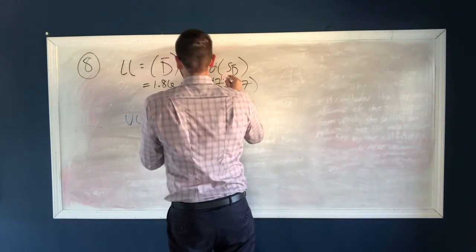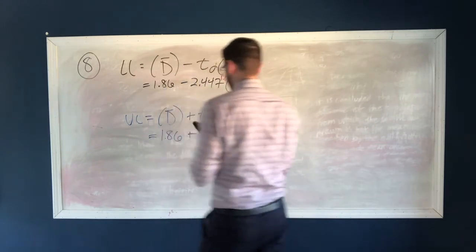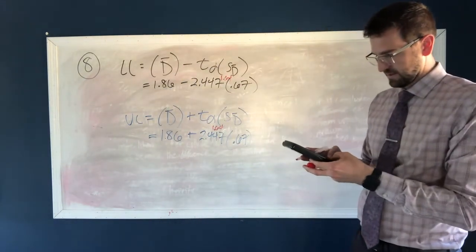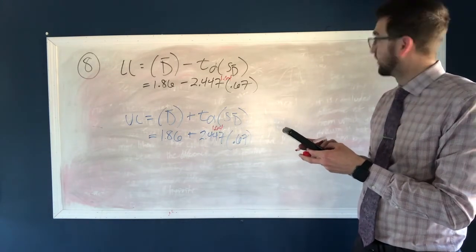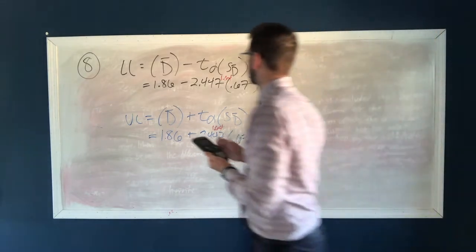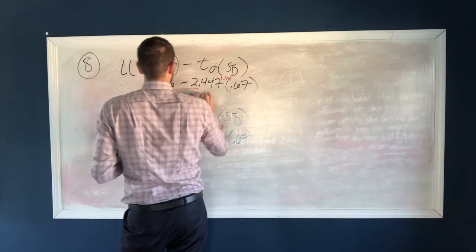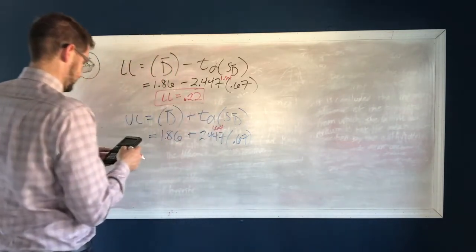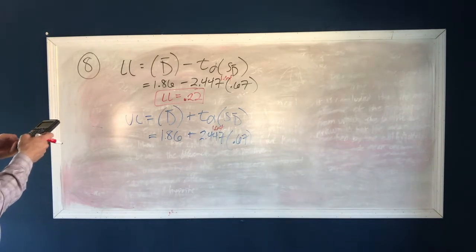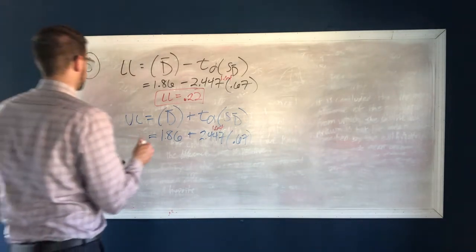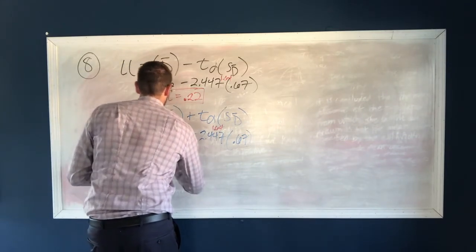This is going to be 1.64, right? It's the same. 1.86 minus 1.64, the lower limit is going to be 0.22. 1.86 plus 1.64, 3.5.